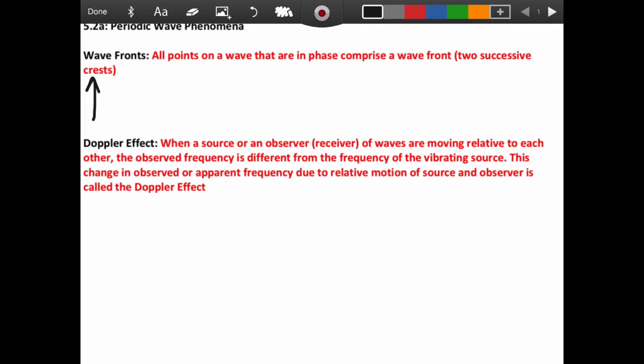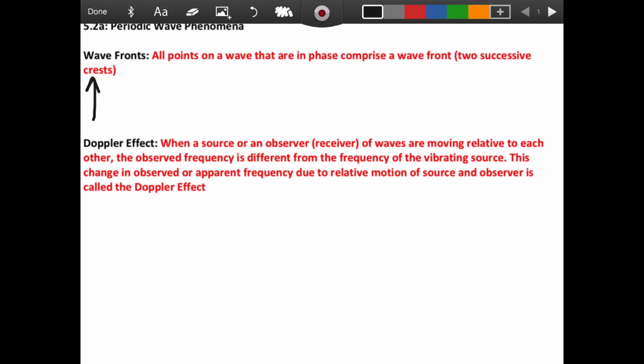As those ripples move out, they stick together. If you've ever had a really still pond or pool and you've thrown a rock or some sort of object into there, you can see the ripples travel outward, and all of those points on the particular wavefront are in phase with each other.